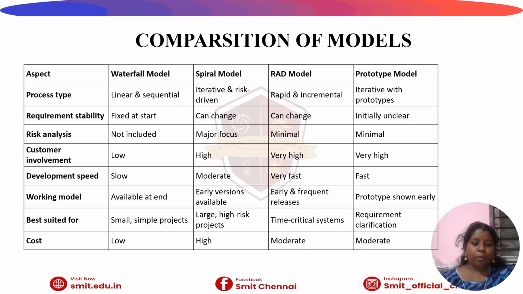Next, best suited for: waterfall for a simple project, spiral for a high-risk project, RAD for a time-critical or business system, and the prototype model can be implemented if the requirements are clarified clearly. Cost: in the waterfall model it is low. When compared to every model, the spiral model cost is very high, and the RAD and prototype models are moderate.